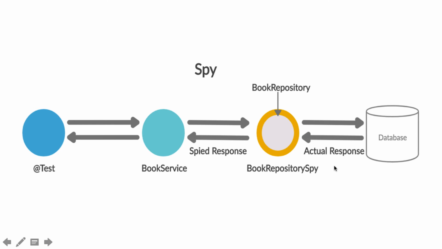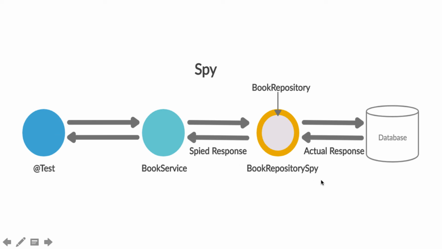What this spy does is keep track of the method which is getting called on the BookRepository spy, and then it internally calls the methods on the BookRepository, which goes to the database and brings the actual response. And as soon as we get the actual response, finally we send a spied response back to our test.